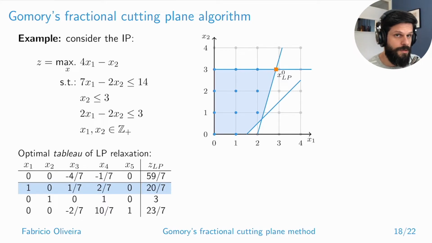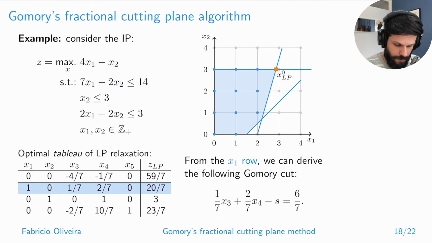Well, I'm going to use as a cut generation procedure my fractional cuts, meaning that I'm going to get this inequality, which is like here, and I'm going to end up with something that looks like so.